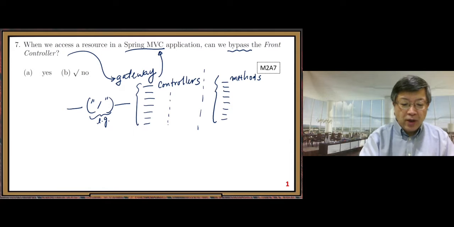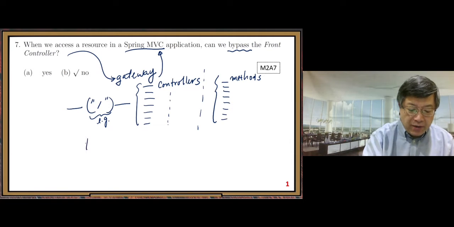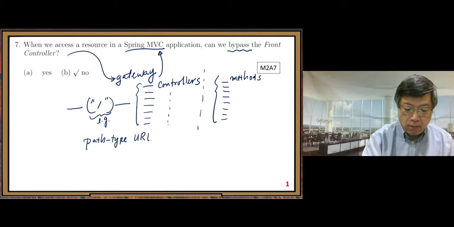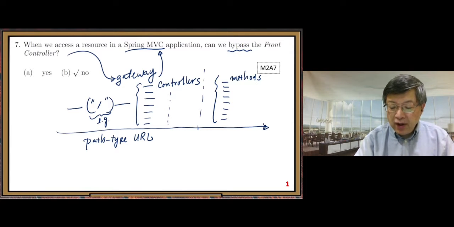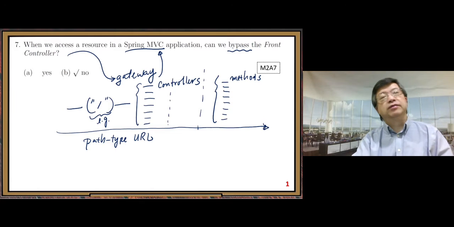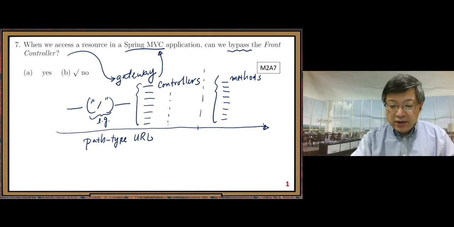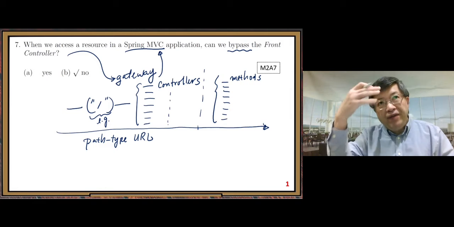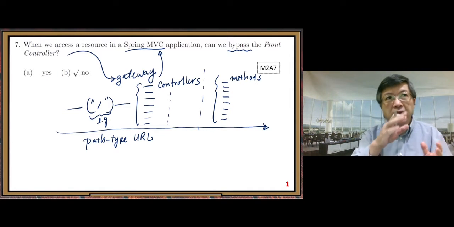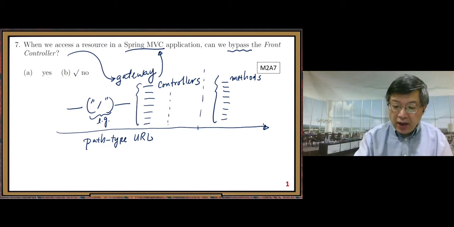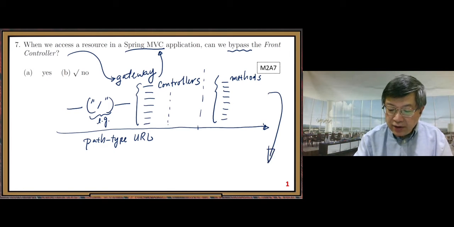So you can see through the path type URL, you can easily connect to a method of a controller. Inside that method, you can do appropriate data manipulation, and at the end, you get to a view.